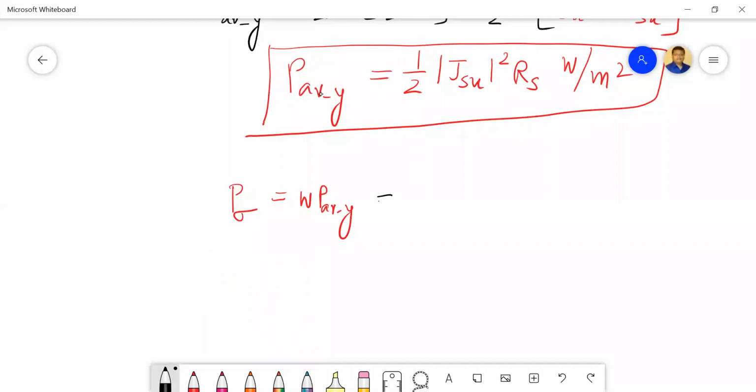Now, if you recall the above relation, finally you can write half of W J S U to the whole square RS, watt per meter square, watt per meter, because we are going to multiply with W, correct?